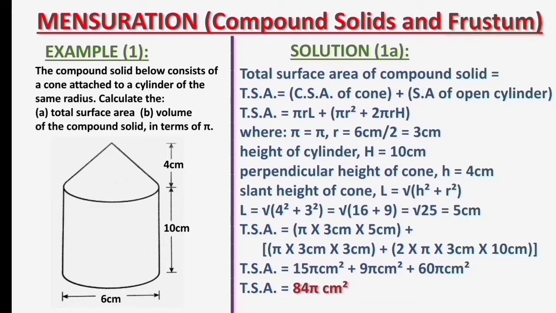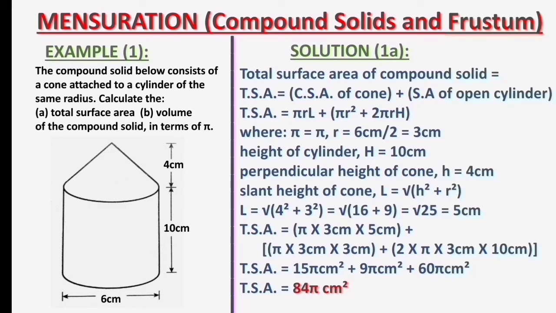So the slant height of the cone becomes h squared, which is 4 squared, plus r squared, 3 squared. That gives the square root of 16 plus 9, which is the square root of 25. The slant height of the cone is 5 centimeters.